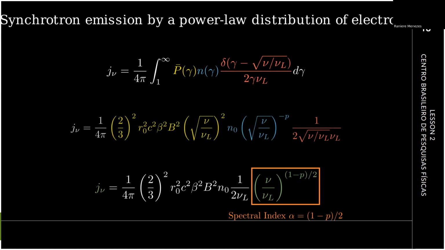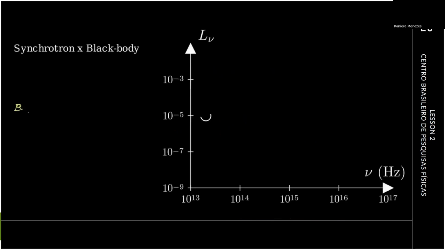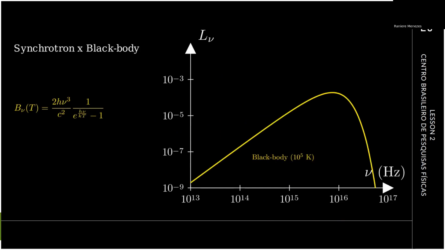But better than showing the equation, I think, is seeing the plot. Let's compare the synchrotron emission with black body emission. In the log space, this is the black body emission for a 10 to 5 Kelvin source.